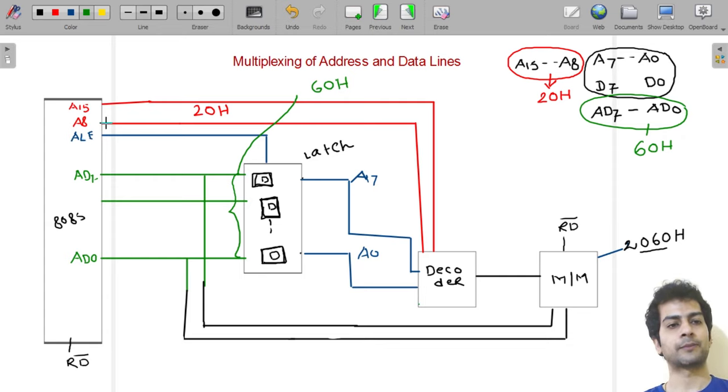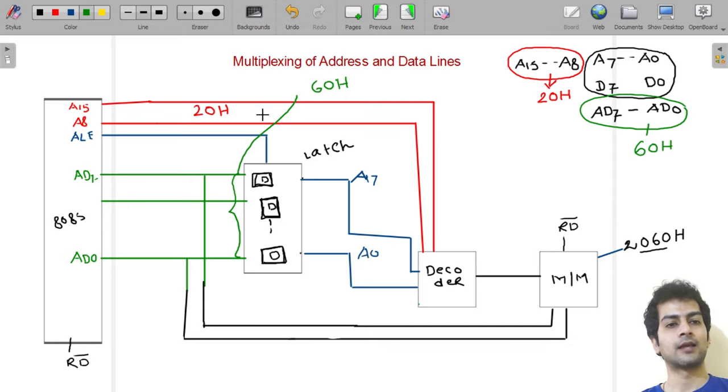So the microprocessor originated a memory address, that is 2060H, the address of the memory location with which the microprocessor wants to communicate. 20H gets latched with the higher order address bus, and 60H gets latched with the lower order address bus, which is also used as a data bus, so we wrote it as AD7 to AD0.